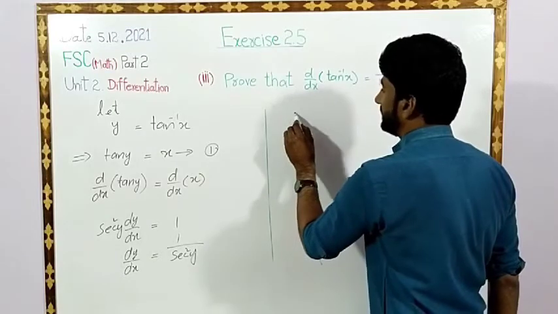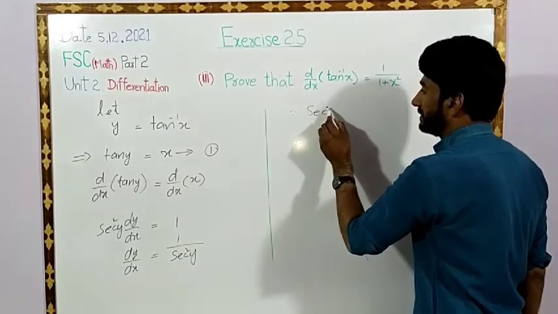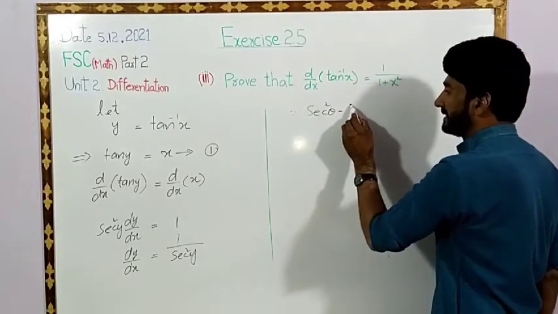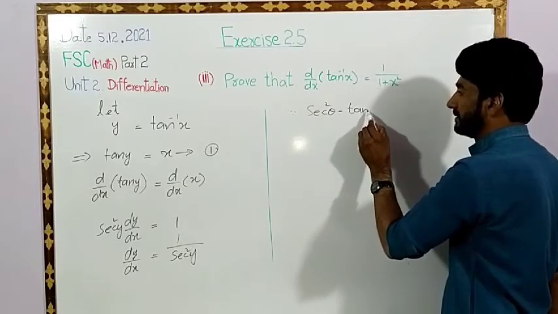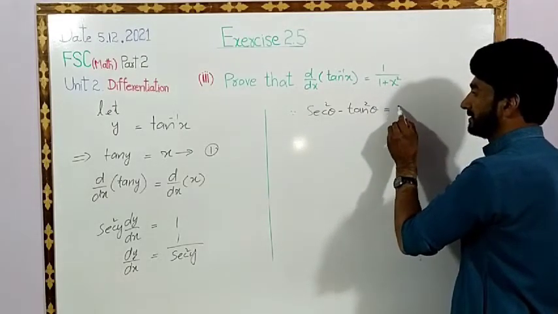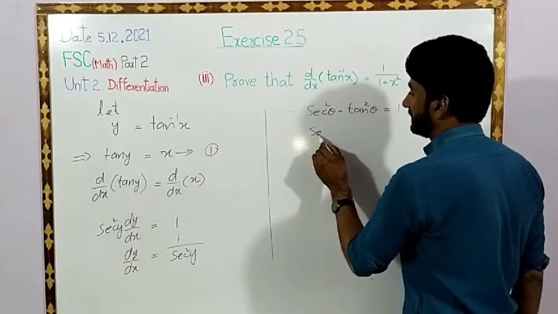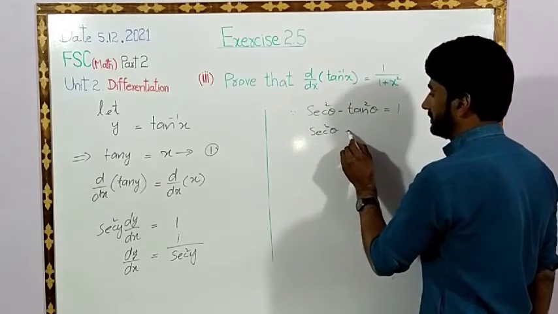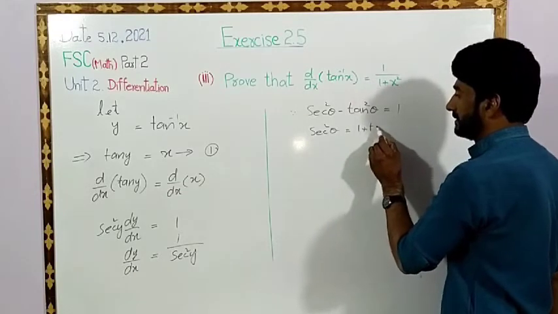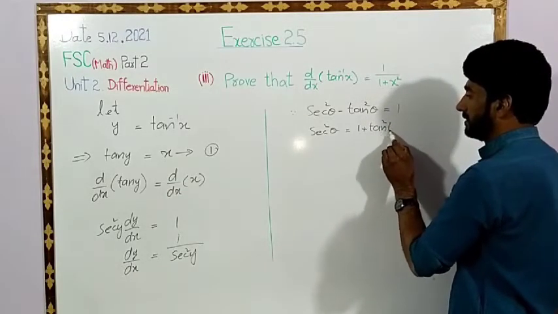Now we know that secant square theta minus tan square theta is equal to 1, so secant square theta is equal to 1 plus tan square theta.